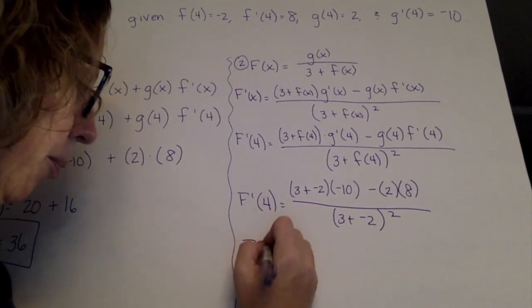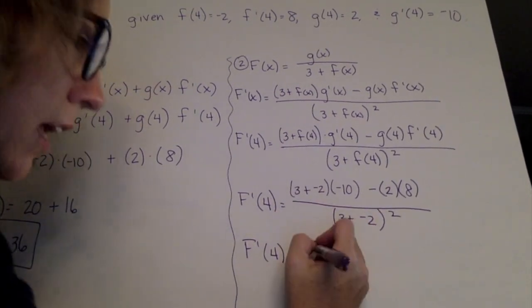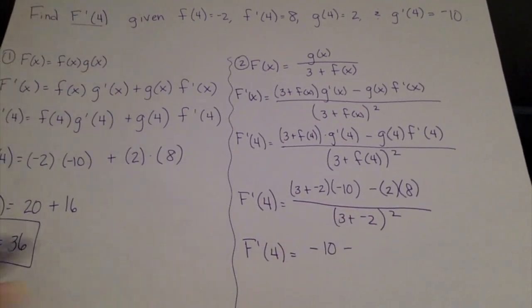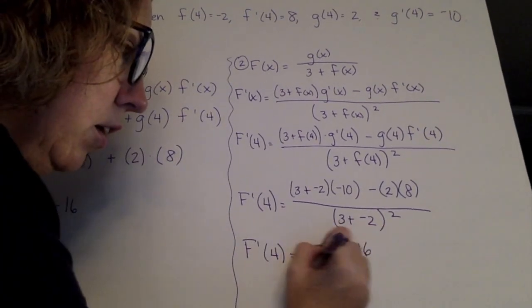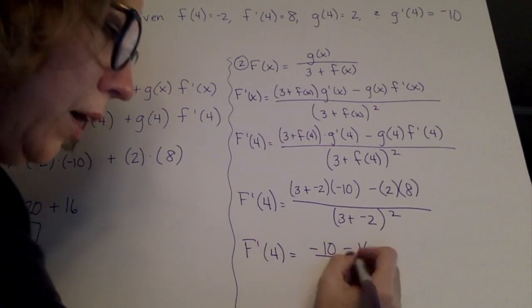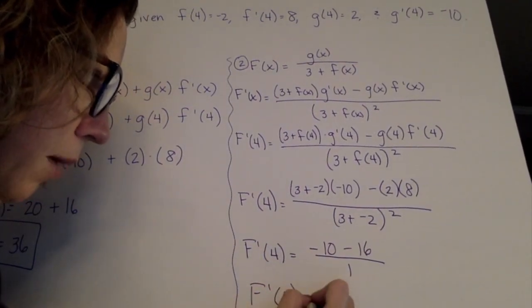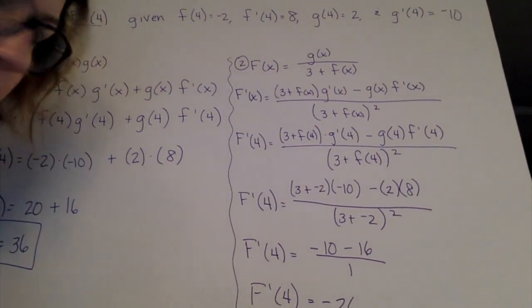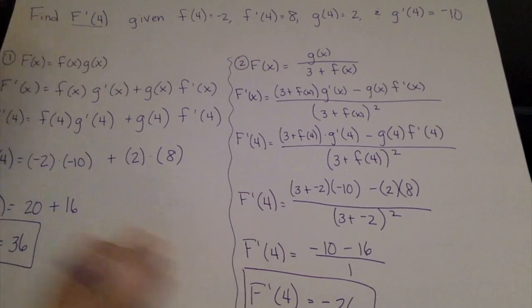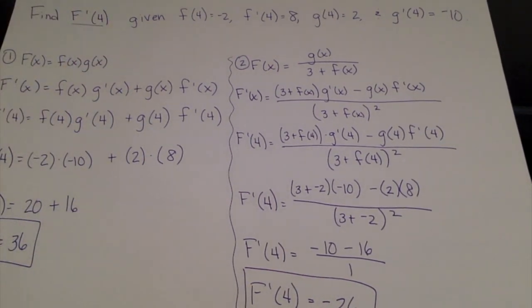Or f prime of 4 is 1 times negative 10, which is negative 10, minus 2 times 8, which is 16, over 1 squared, which is just 1, or f prime of 4 is negative 26. And I did fit that all on that one page. Okay.